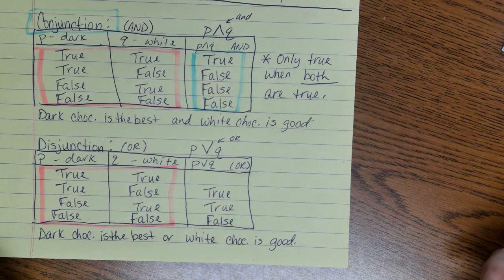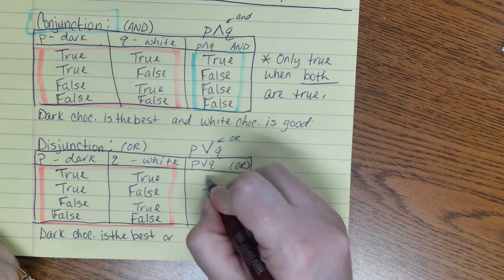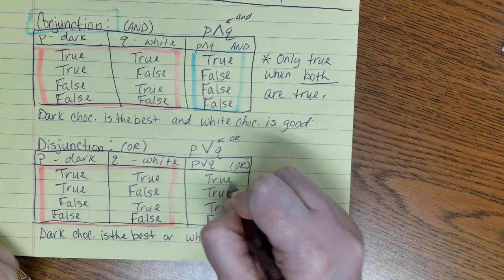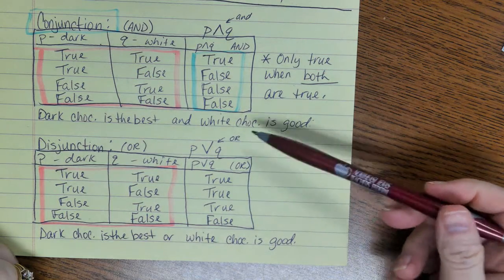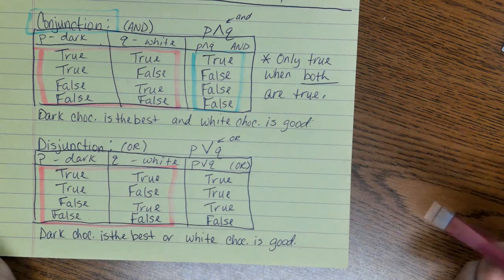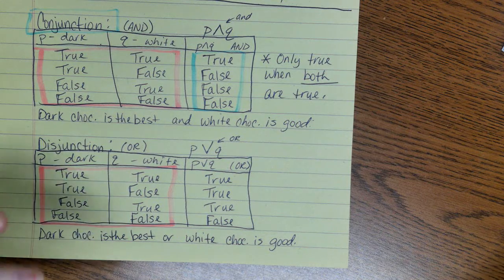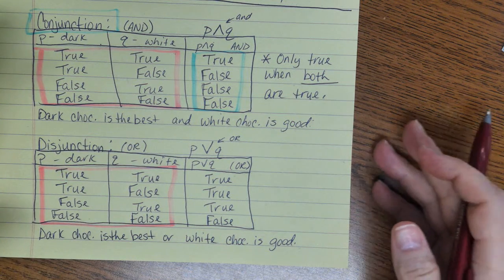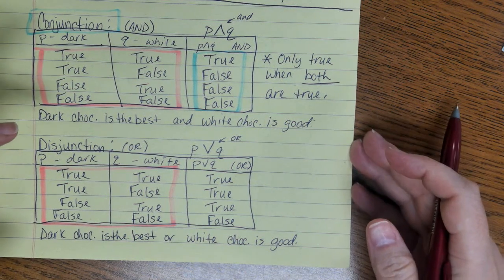Now that doesn't mean that's what she'd want to hear. But the word or implies at least one of them. Okay? So this one is actually true as well. But our instinct is to put false there. So that's the one you got to remember, really, because it is kind of against what you might think. We think or means one, but it means at least one.